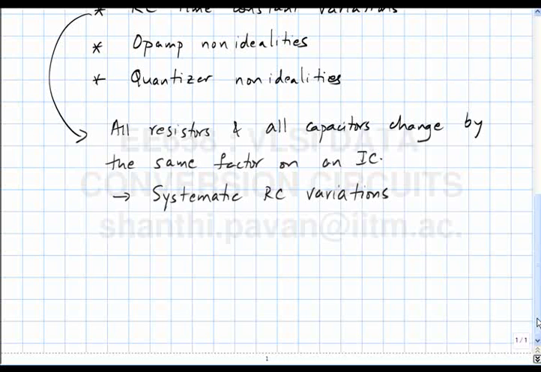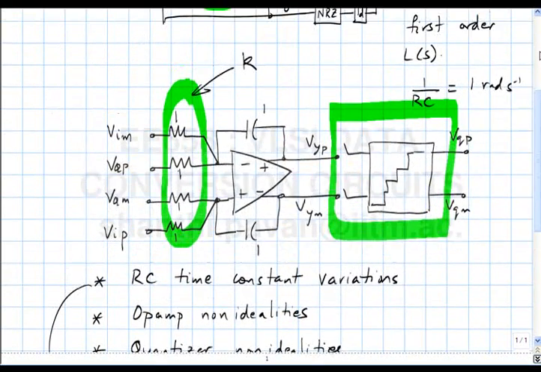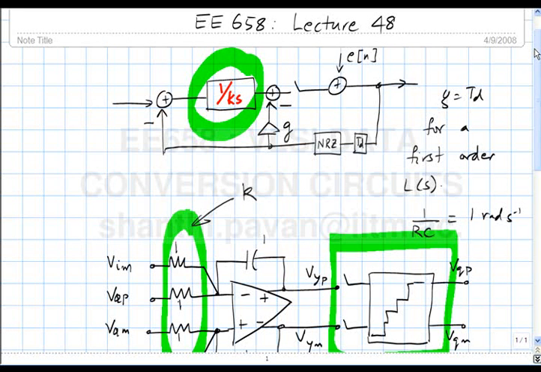Alright. In the first order case, it's very simple to understand. What do you think happens? As you pointed out, it's like having an extra gain of 1 over K in the loop. Correct?